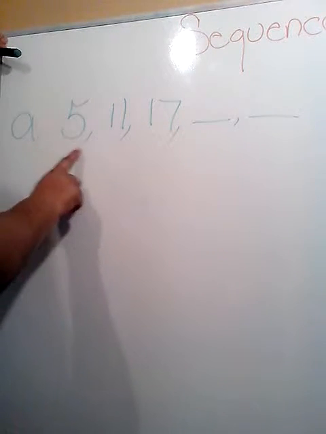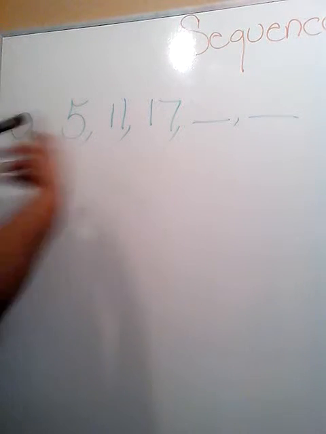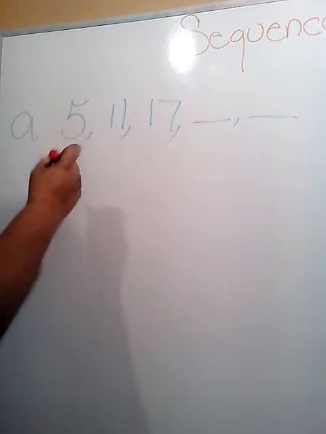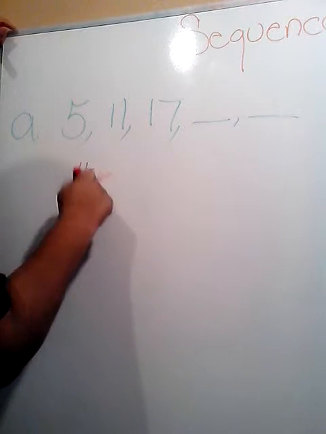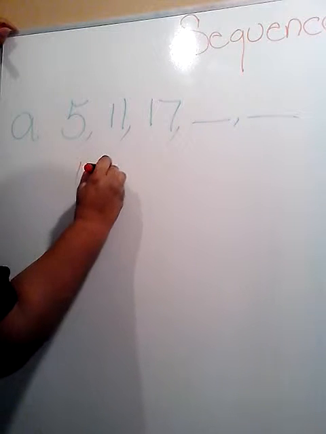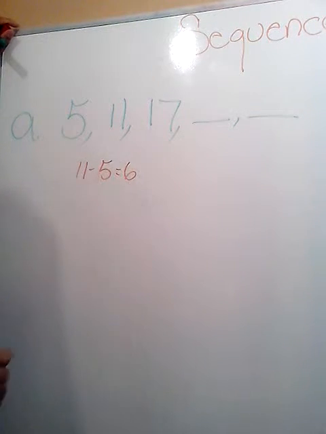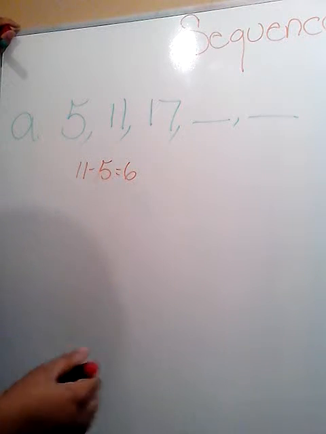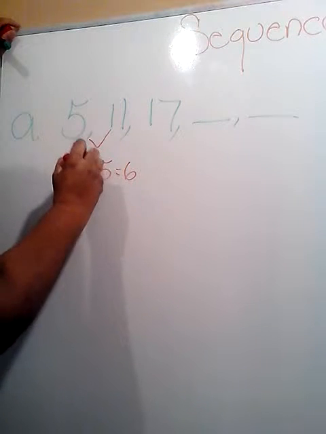I think that they're adding, and a real quick way you can figure out if it's addition is subtract. What's 11 minus 5? Well, 11 minus 5 is 6. So to go from 5 to 11, they have to be adding 6.